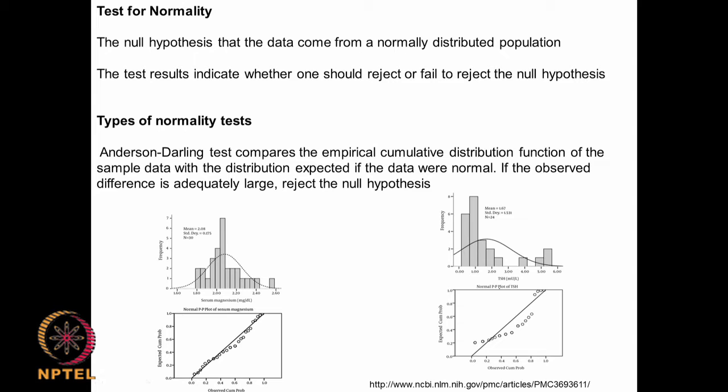Obviously this is a non-normal distribution, whereas in this particular case you have maximum data in the center, that is maximum frequency, and on either side the frequency goes down. That is a bell shaped curve. So when you calculate a mean and a standard deviation and plot what is expected on one axis and what is observed on another axis, they seem to follow almost on that straight line, whereas in this particular case they do not seem to fall on that straight line.